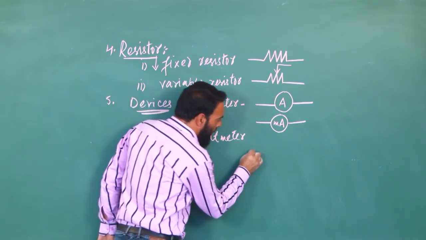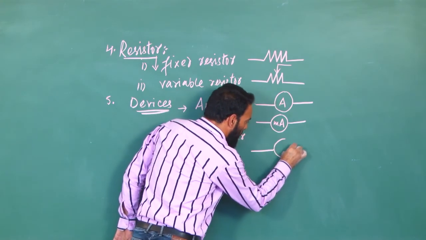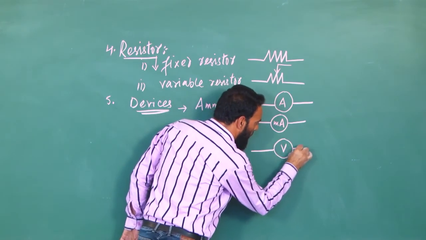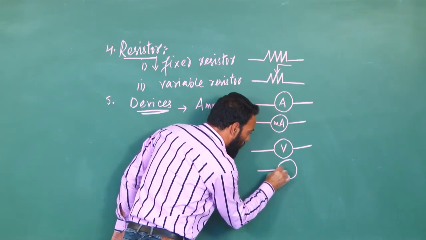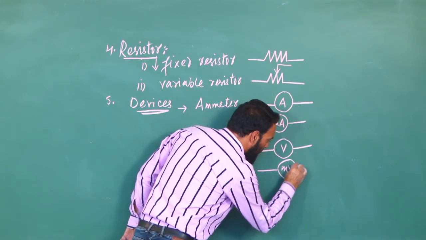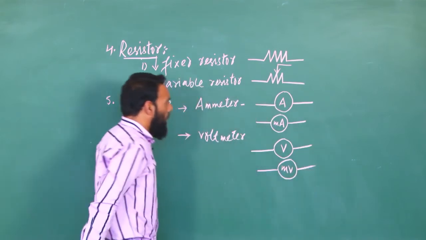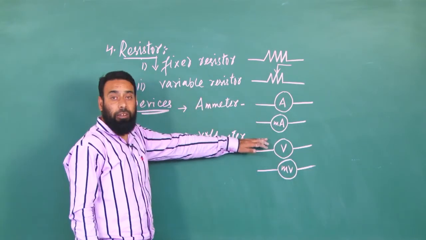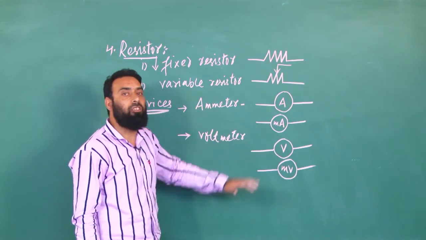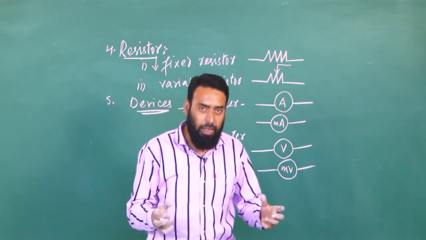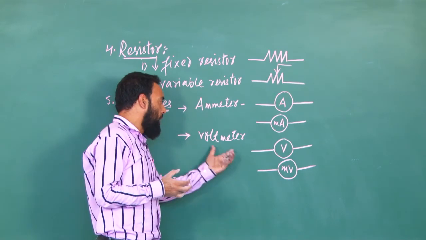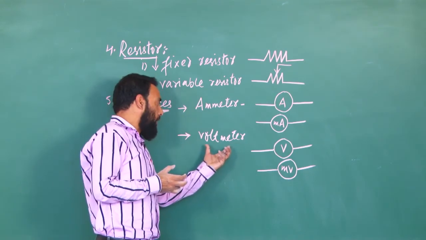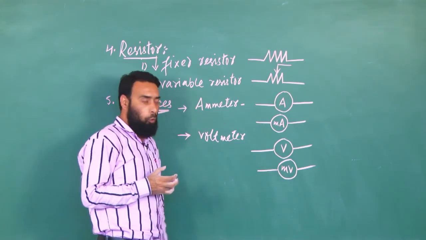The second device is called a voltmeter. A voltmeter can be represented like this. This is a voltmeter, and the smaller scale voltmeter, that is the millivoltmeter, is this. A voltmeter is basically a device used to measure the potential difference across the ends of a conductor. Potential difference means voltage. So we measure the voltage in the circuit through a voltmeter.